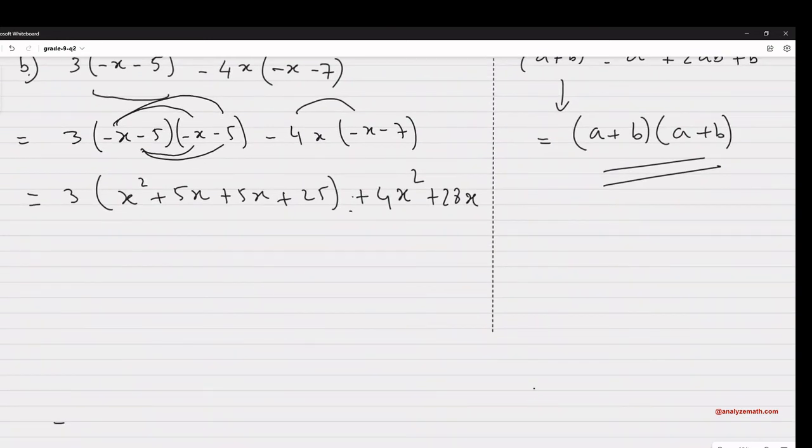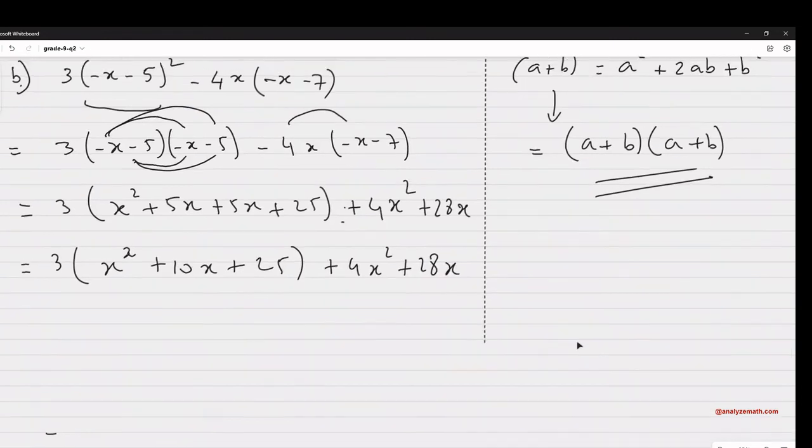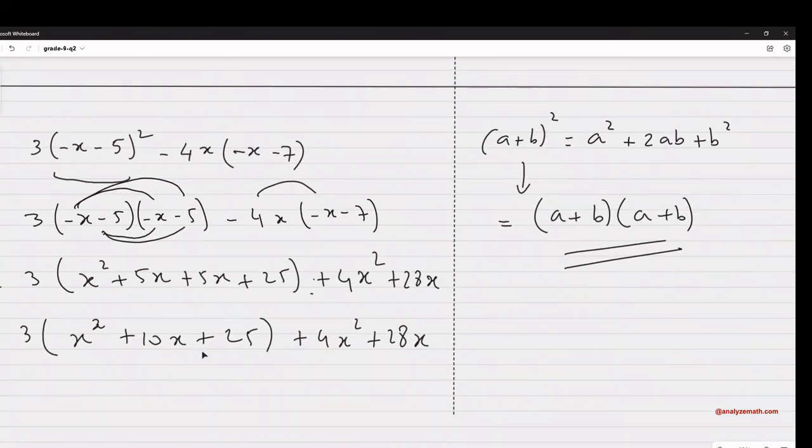Good. So let's continue. Let's group here inside. That will give me an x². Now I have 5x and 5x, that gives me 10x. Plus 25. Now before we move on, let's compare this with what the formula would give.